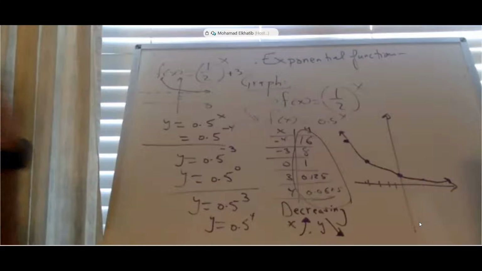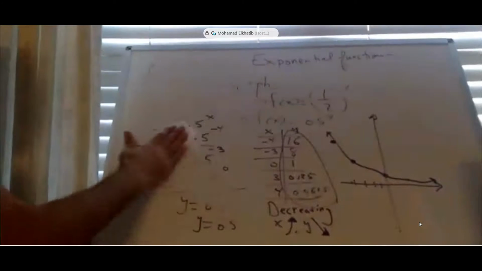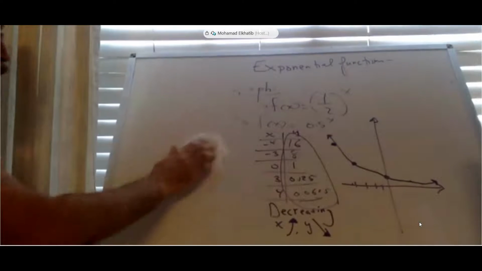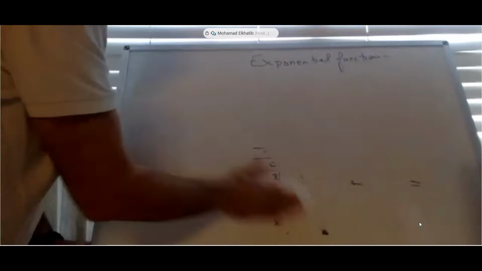Okay. So here's the rule. Now, your book is not going to explain to you how you graph it like I did. Your book is going to tell you to write down the rules so you'll be able to do the homework.